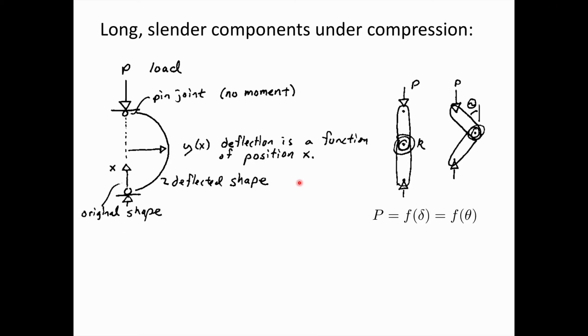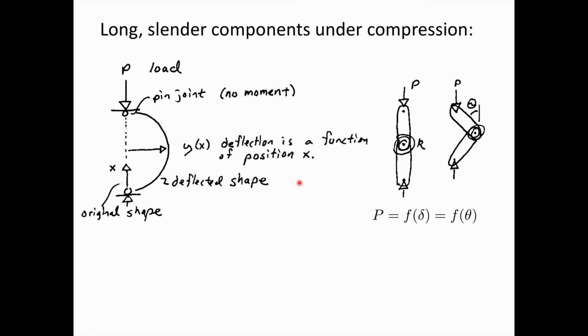So one way of characterizing this force deflection behavior that's more general, instead of the load being equal to the stiffness times the deflection, here it's some general, possibly nonlinear function of deflection.